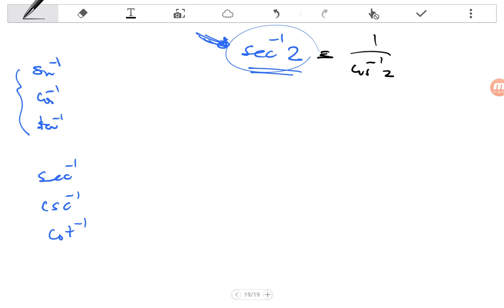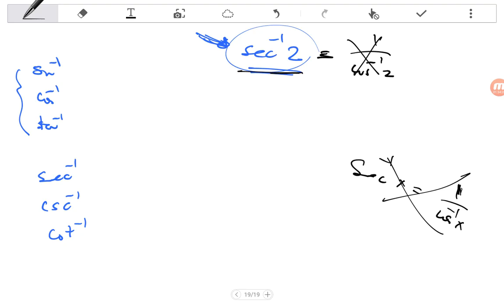No. I've just told you that trigonometric relations are not applied in inverse relations. I know that sec of some x is just 1 over cosine x, okay. But is sec x just the reciprocal of cosine inverse x? No, this is a wrong statement. But how would I calculate sec inverse of 2?